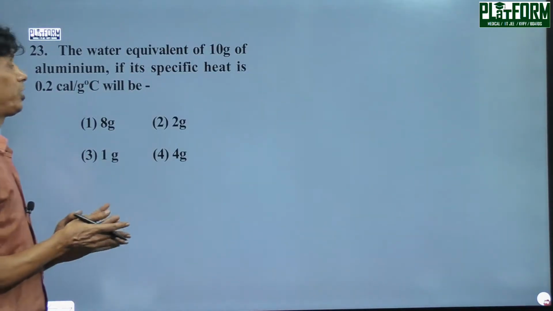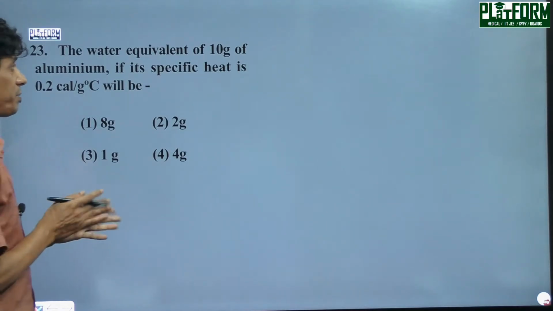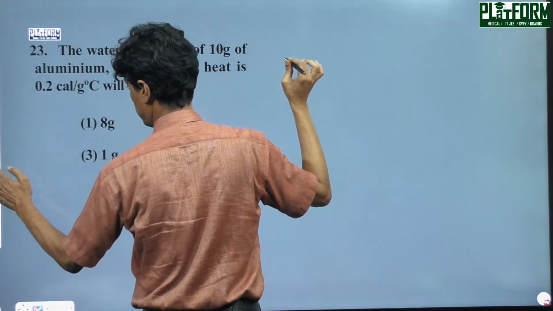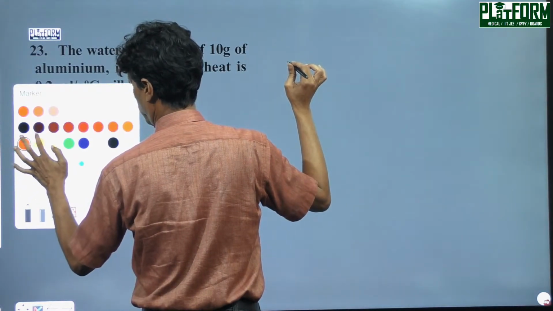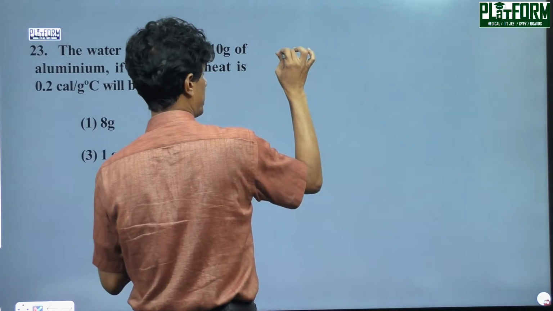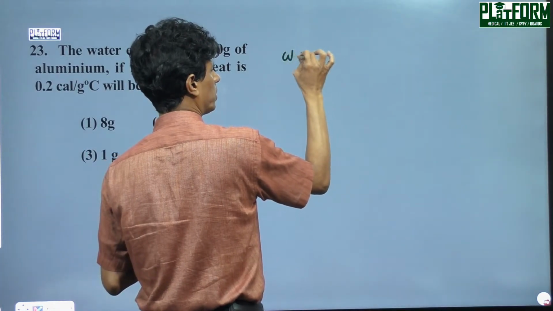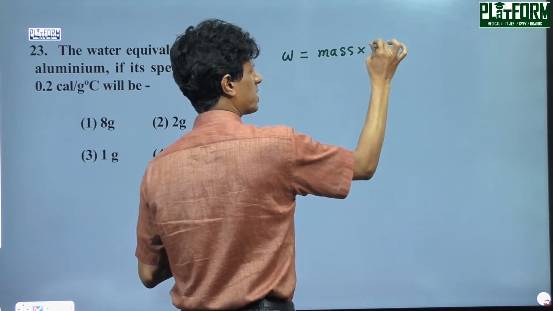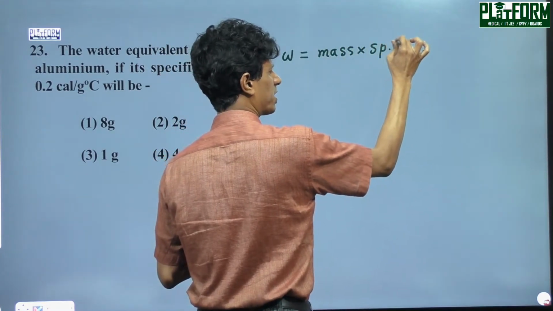The water equivalent of 10 gram of aluminium, its specific heat. Water equivalent, we can say W equal to mass into specific heat.